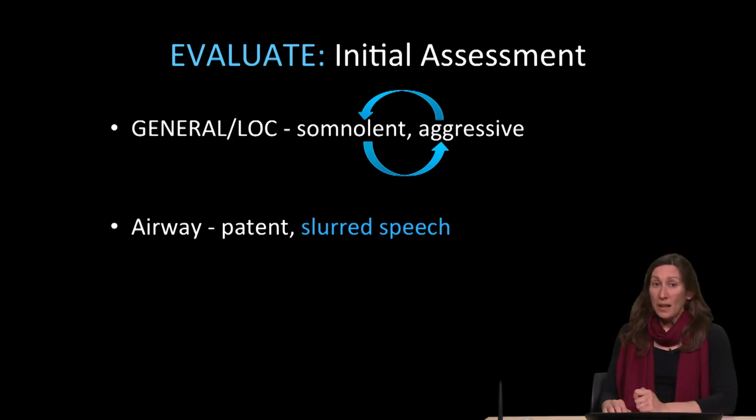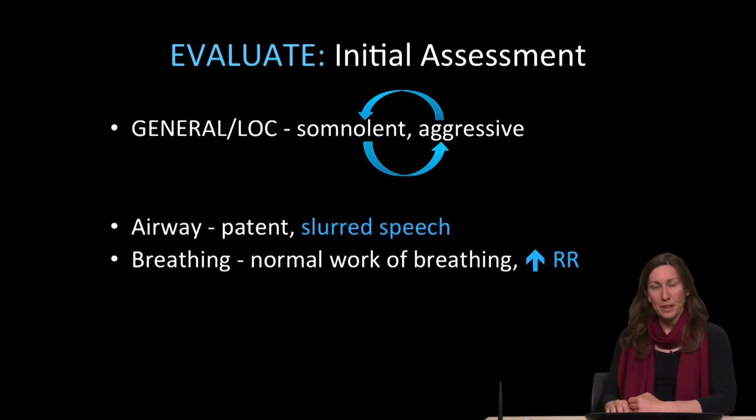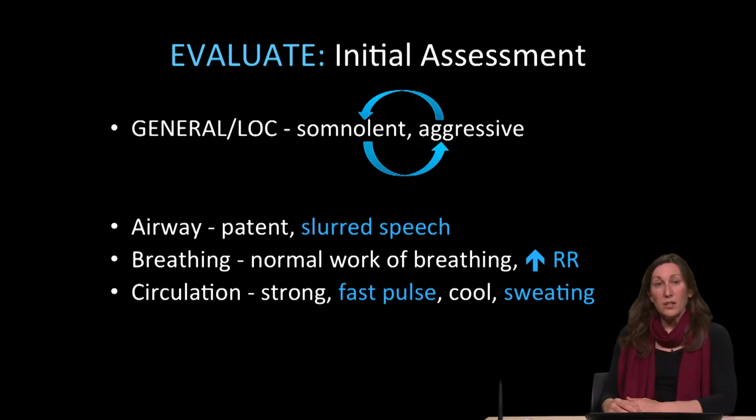When you look at his airway, he is able to speak to you. It's patent. There's nothing obstructing his airway, but he does have some slurred speech. He's actually breathing with a normal work of breathing, so he has no retractions, there's no flaring, he's not tripoding or sitting forward, but he does have an increased respiratory rate. And on circulatory exam, you note that he has a very strong, though fast, pulse.